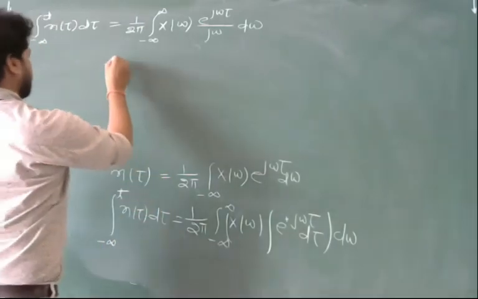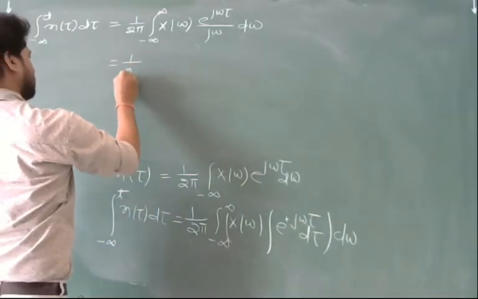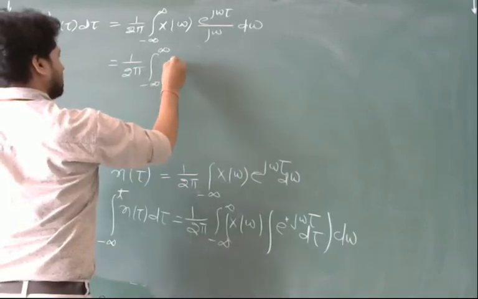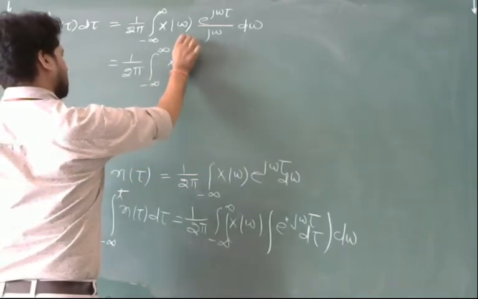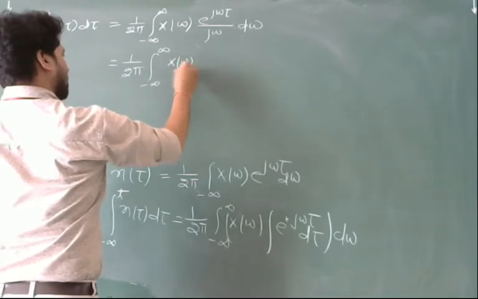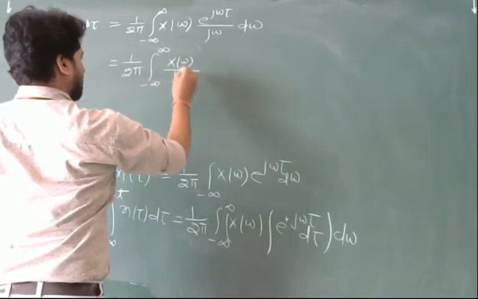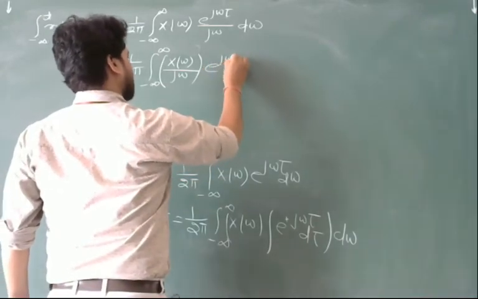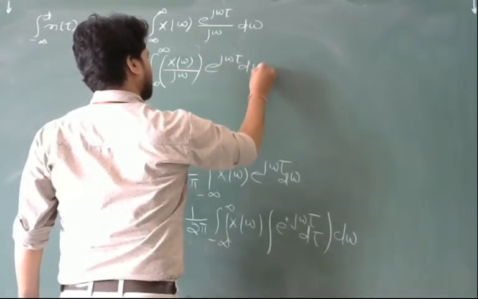Now this can be written as 1 upon 2 pi, integral from minus infinity to plus infinity, X of omega upon j omega into e power j omega tau d omega.